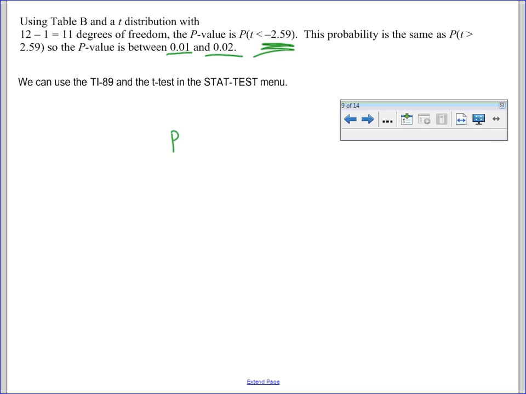So we know that the p-value is less than 0.02 but greater than 0.01. And I'll teach you in class how to use the TI-84, not the 89, and the t-test in class to get an exact p-value out of this, not an approximate one. But we'll do that in class.